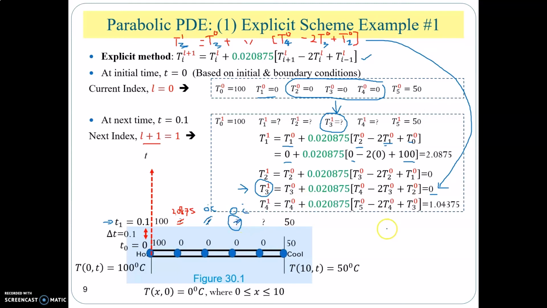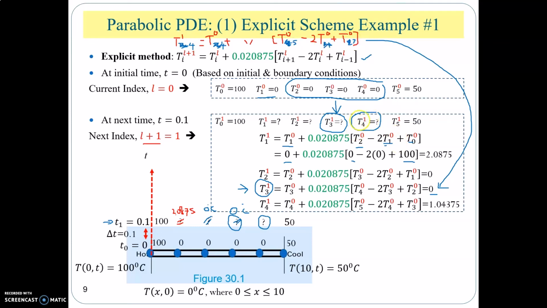And we can continue for the last case. So to obtain the temperature at point 4 here, we need to change the I to be 4. So 3 becomes 4 here, 4 becomes 5, 3 becomes 4, 2 becomes 3.